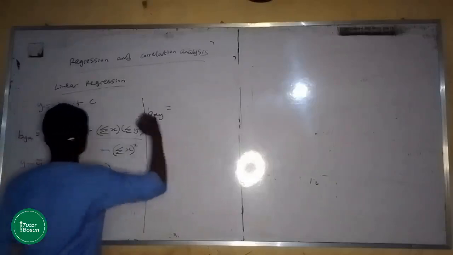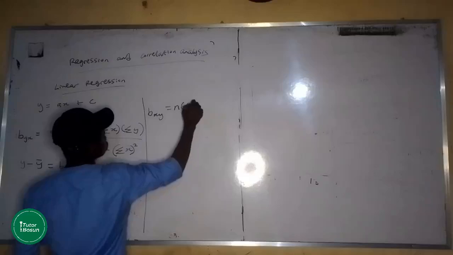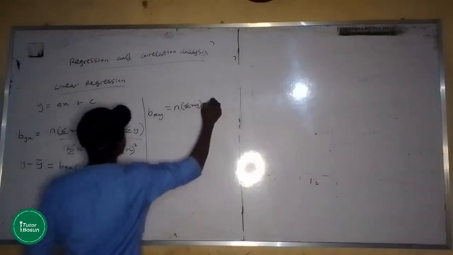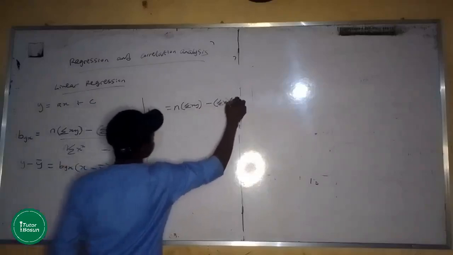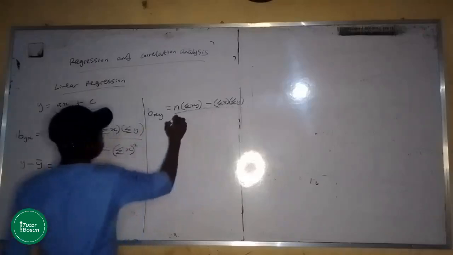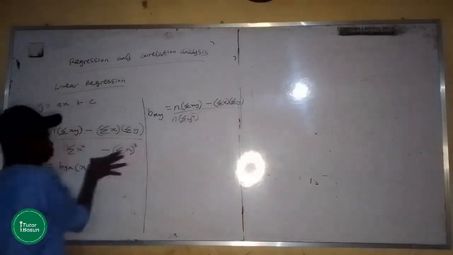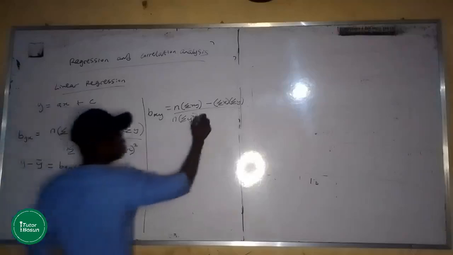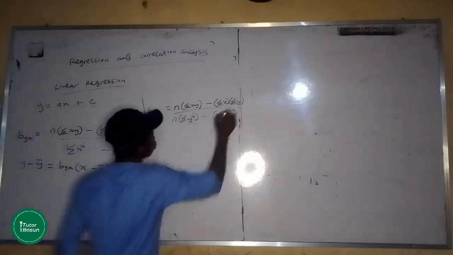The regression of x on y has a similar formula: n times summation xy minus summation x times summation y, divided by n times summation y squared minus the square of summation y.